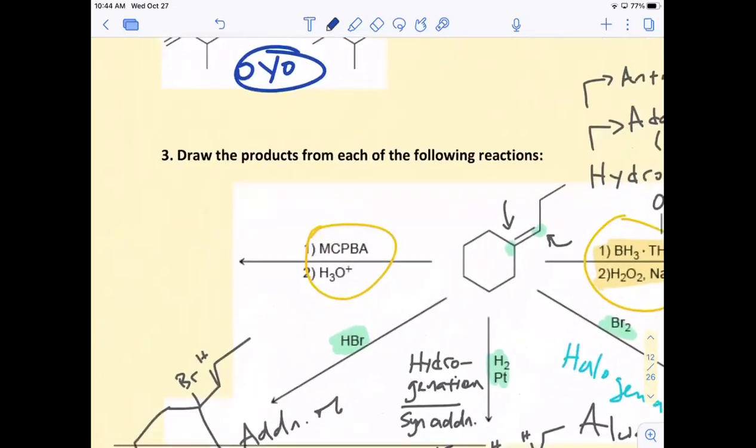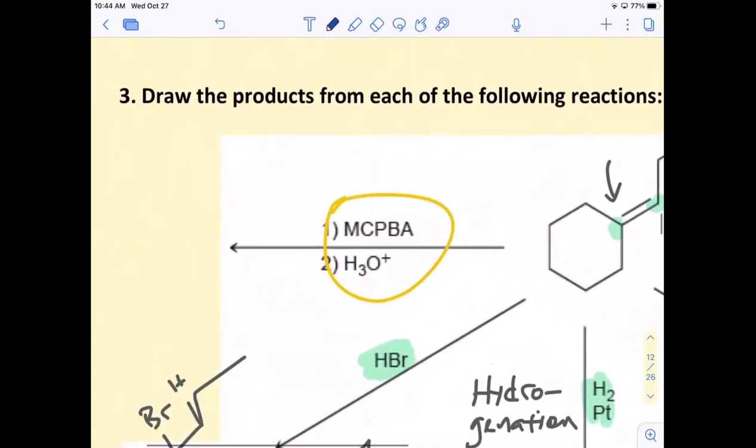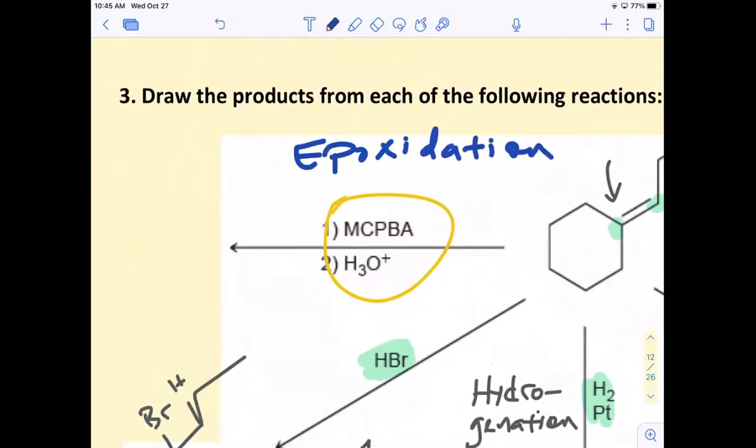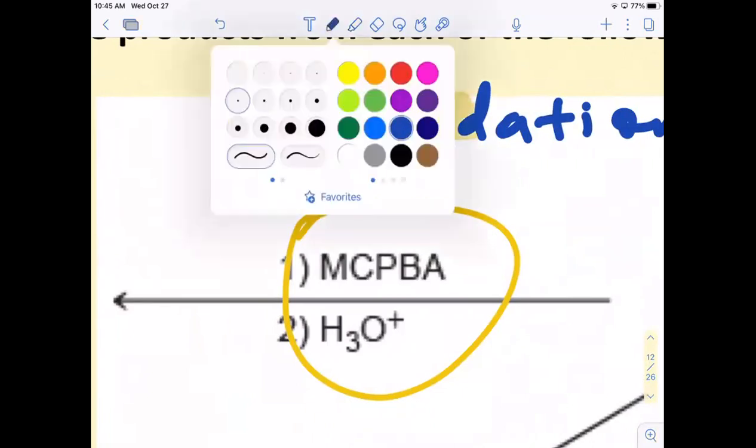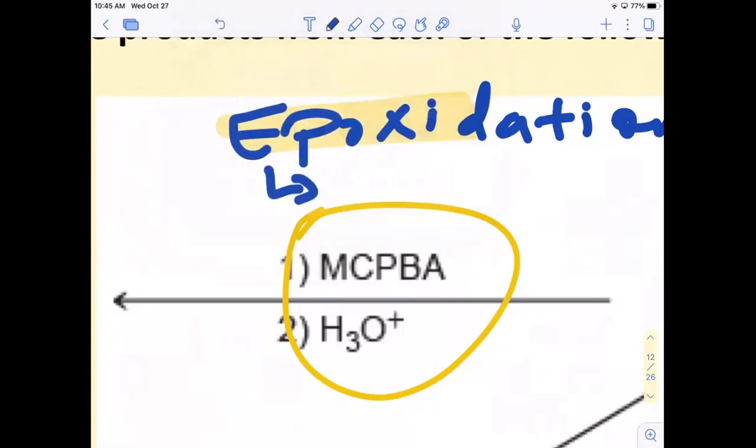The next reaction on the wheel right here is epoxidation. What an epoxide is, which is this part right here, is a cyclic 3-membered ether.